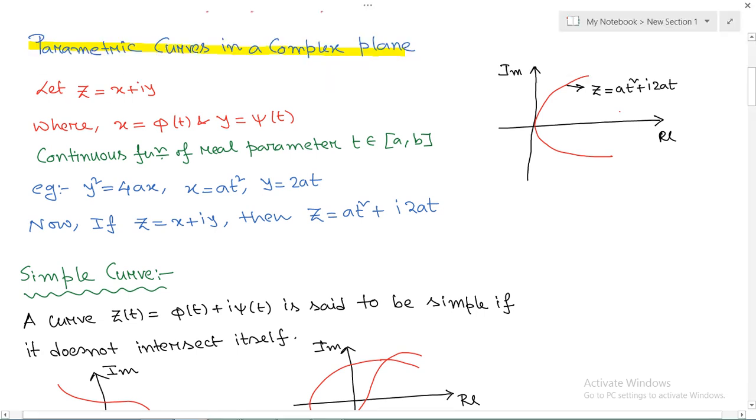any complex number we can write in the form z equals x plus iy, where x denotes the real part and y the imaginary part.